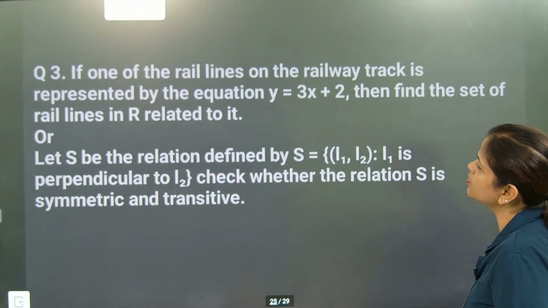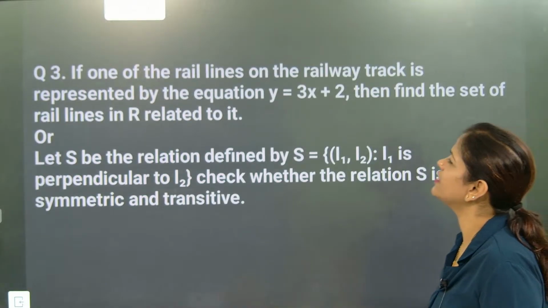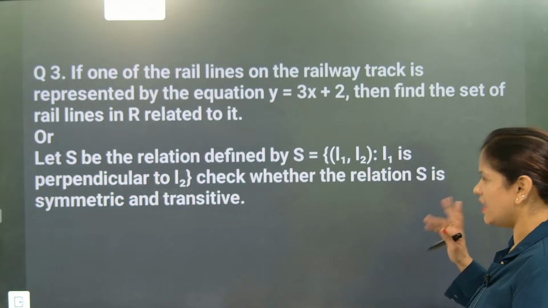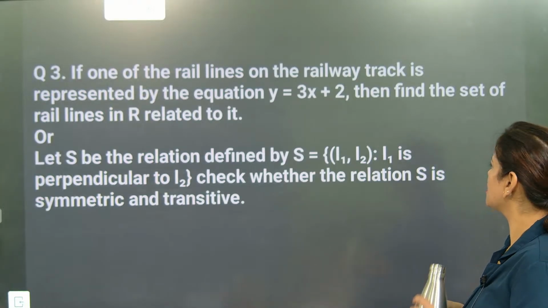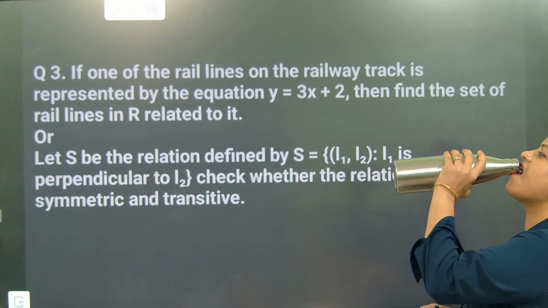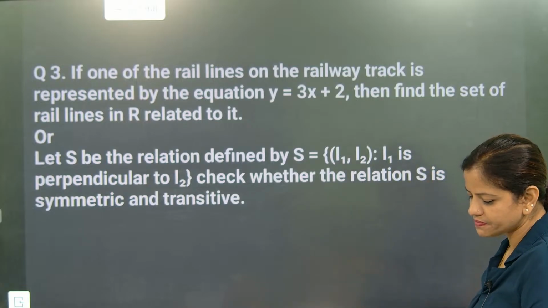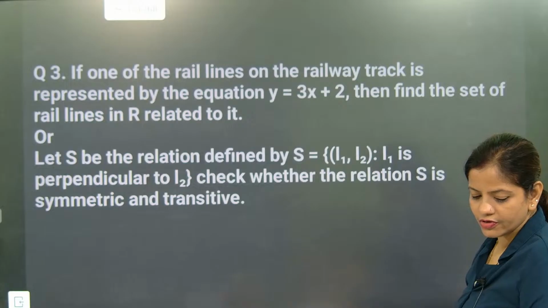So like this we will do the question, which one of the railway lines on the railway track is represented by this equation. Then find, okay, come on, go for this question, beta.